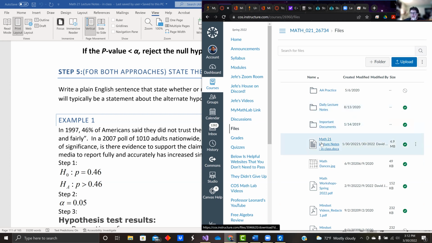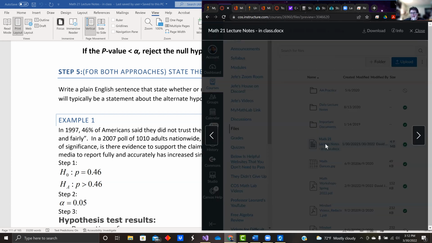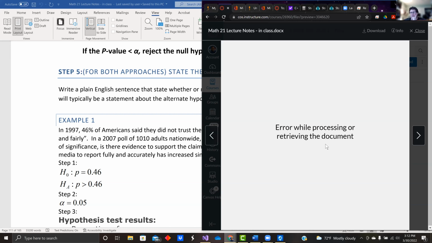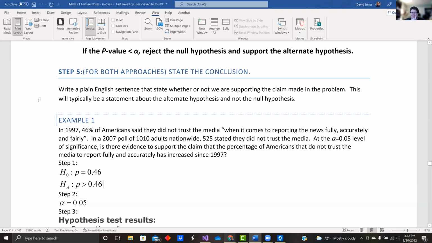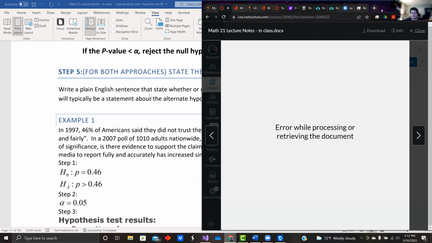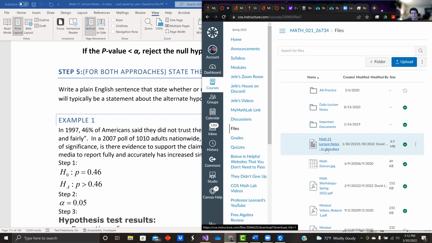And it's right there, Math 21 lecture notes. Will it load up right here? See, it told me an error while processing, but when I downloaded it, I got this. So it downloads fine, but you might have to download it. It's the Math 21 lecture notes. And I'm just down in section 10.2 on it.